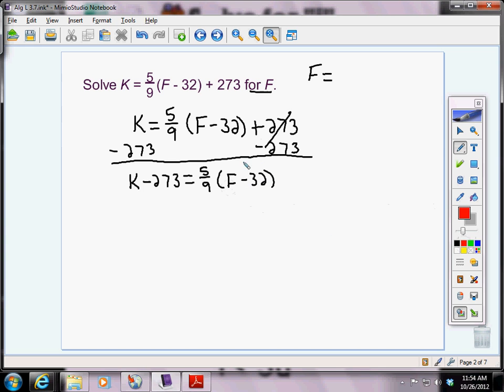Let's try to get rid of another one. This F minus 32 is in parentheses, so that's 5/9 times that. We could use the distributive property here, but it's probably easier just to try to get rid of that 5/9. I didn't leave myself a lot of room here, but to get rid of 5/9, remember, this is being multiplied by 5/9. To get rid of it, we could divide by 5/9.